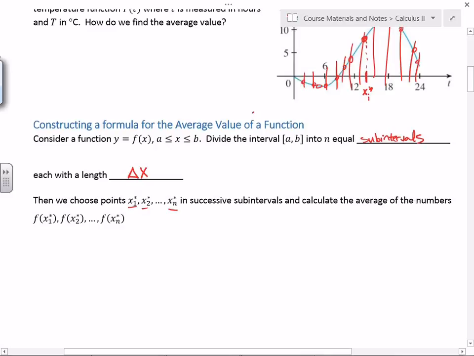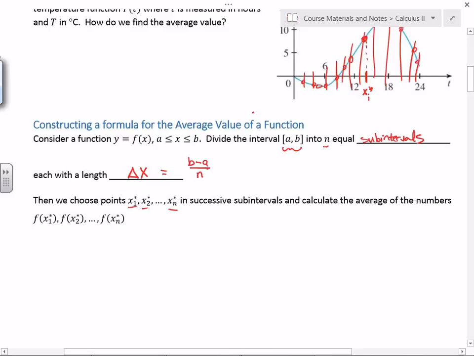By the way, if you take a known length interval like a b and divide it into n subintervals, then you've got a formula for this. Delta x is the length of the interval divided by the number of subintervals. That's how long each piece is going to be, and that's going to be relevant when I plug this into my formula.